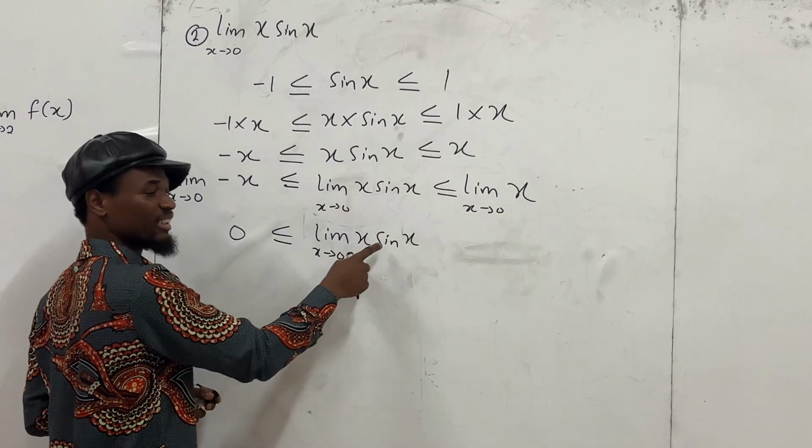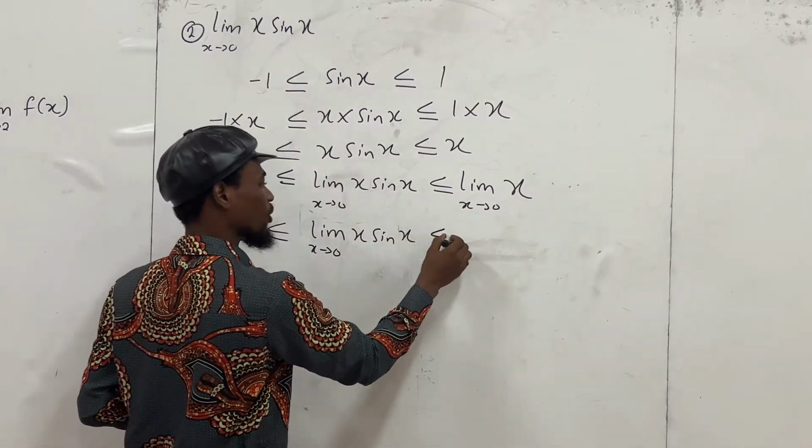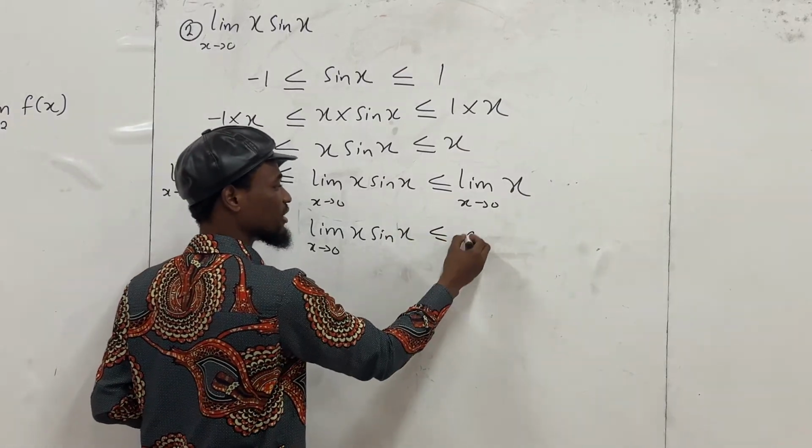I didn't substitute anything here because this is the question. Then less than or equal to, by direct substitution, you have 0.